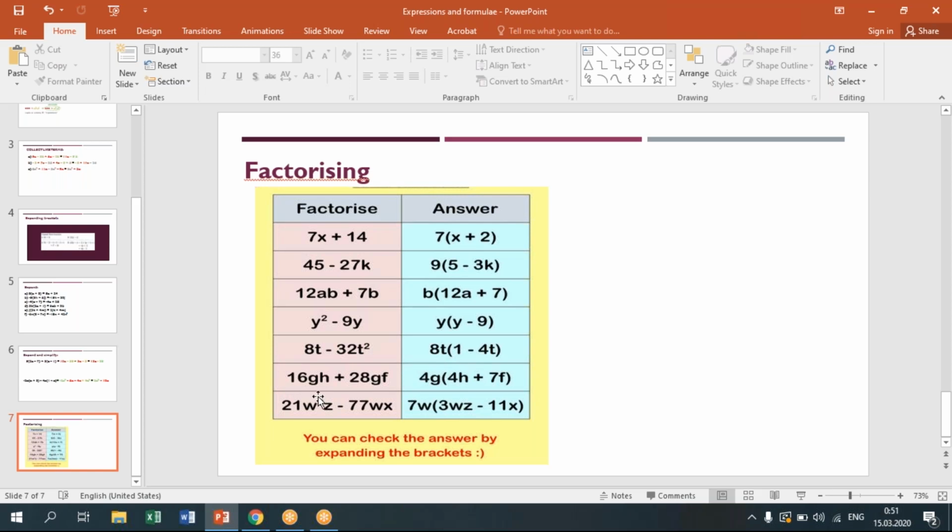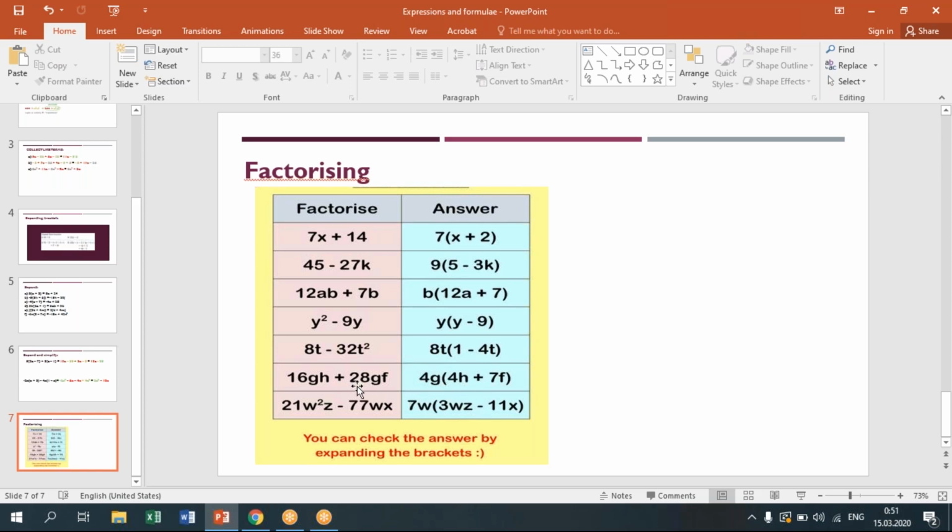16gh plus 28gf. 16 and 28. The highest factor for these two numbers is 4. Also, we have a common letter, g. That's why before the bracket will be 4g. What in the bracket will we write? 16gh divided by 4g. 16 divided by 4 will be just 4. g is before the bracket, so only h will be in the bracket.